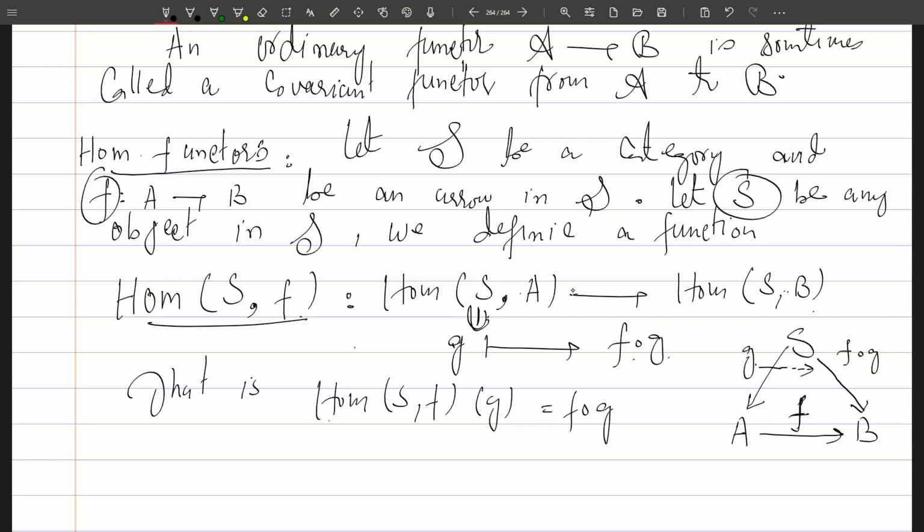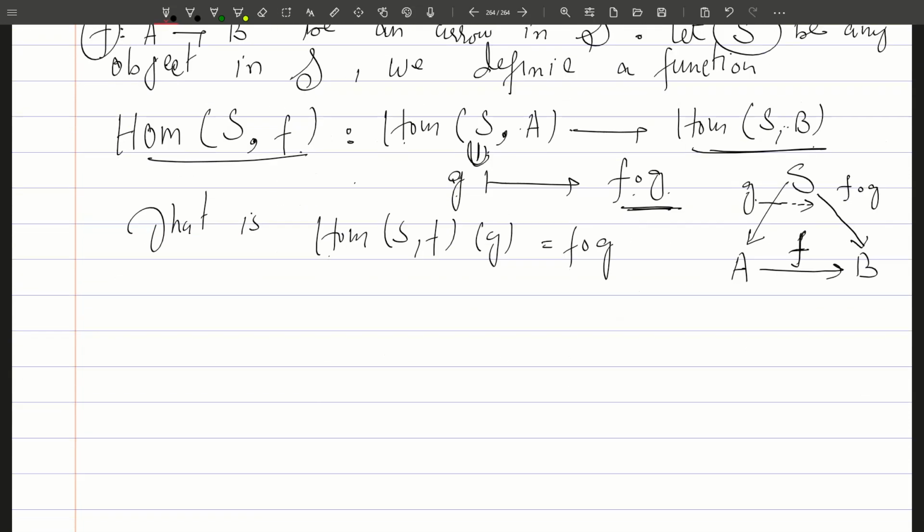One can see that F composite g is an arrow in Hom(S, B), and g is an arrow from S to A. So this is actually a functor. We haven't proved yet that it is a functor, but we are going to see this is a functor, for every g in the Hom set Hom(S, A).